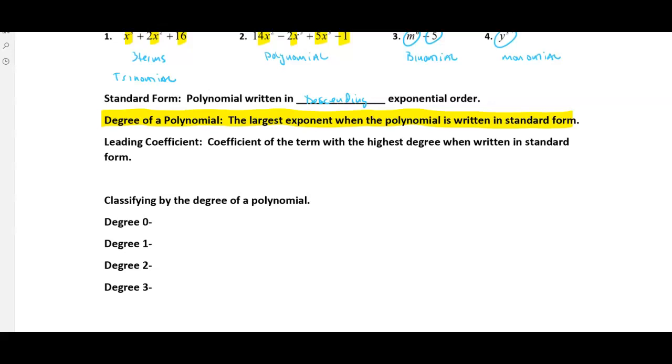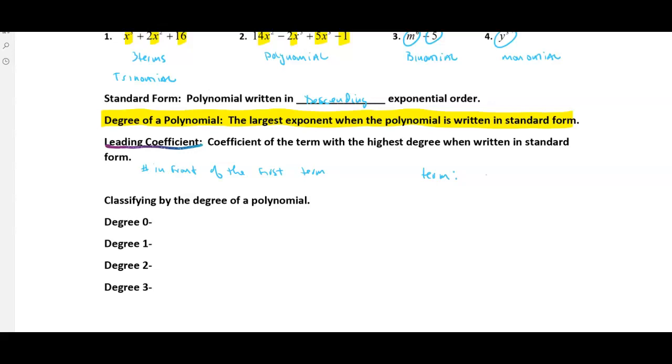And the leading coefficient is the coefficient of the term with the highest degree when written in standard form. Basically, it's the number in front of the first term.